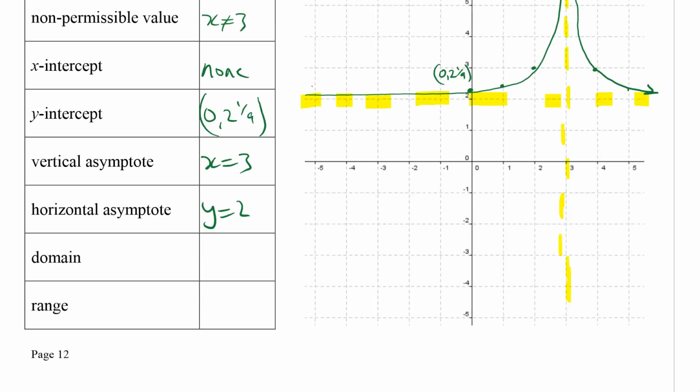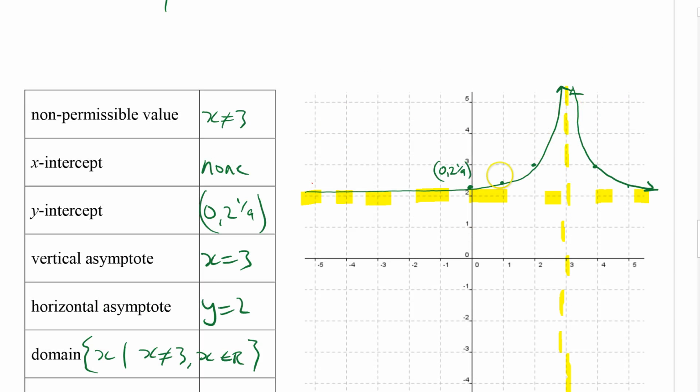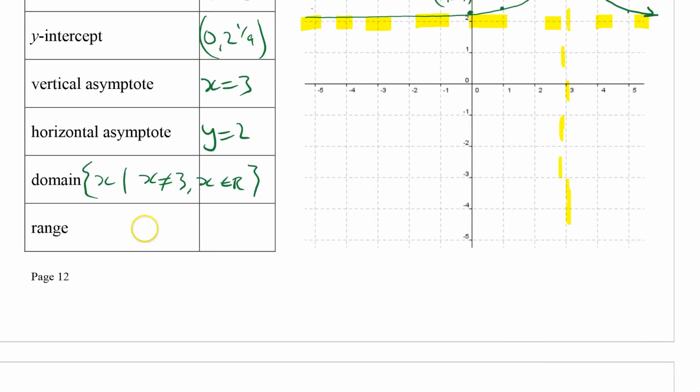The domain here is that x cannot be equal to 3, but it can be anything else. So x such that, curly brace, there we go. My range, looking at all the y values, y is greater than 2. Y such that.